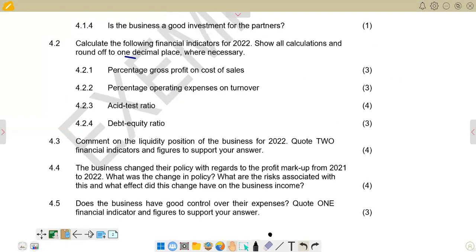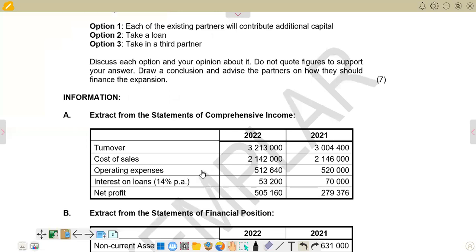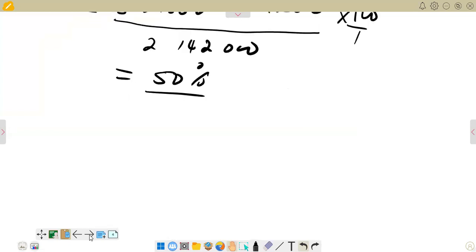From the information that we have, operating expenses are given and our turnover is 3,218,000. It's as simple as that. We say operating expenses over turnover, multiplied by 100 over 1. The answer that we get will be a percentage.